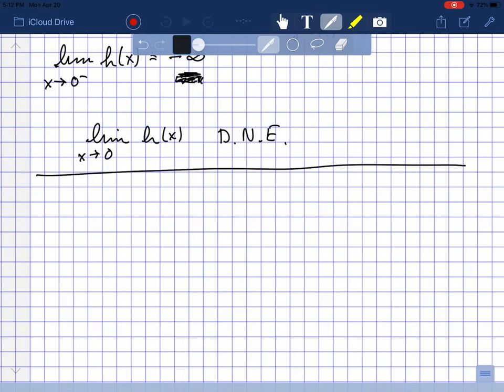There's a third type, and it's this. Suppose I have a function, let's call it f of x, equal to, let's say, the sine of 1 over x. And suppose I look at the limit as x goes to 0 from the right of the function f of x.